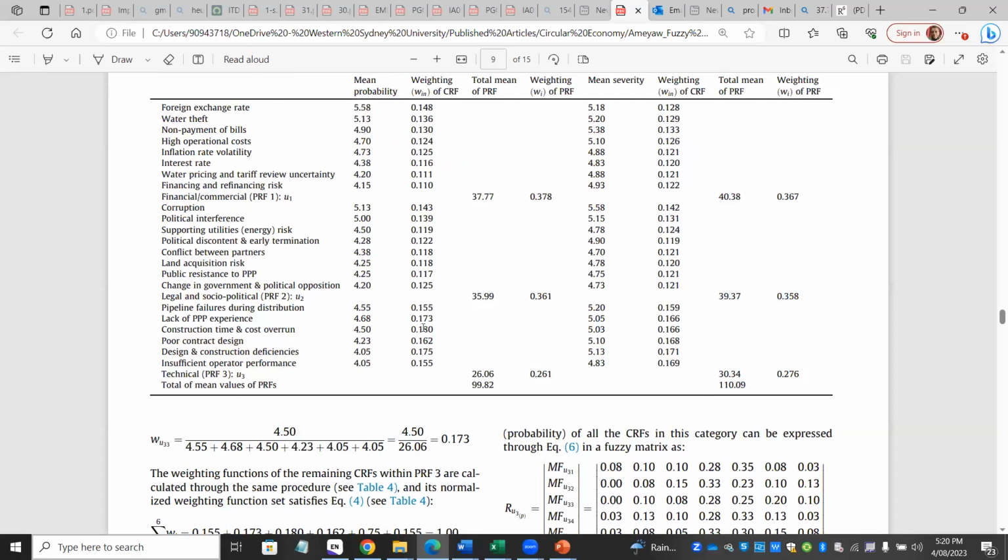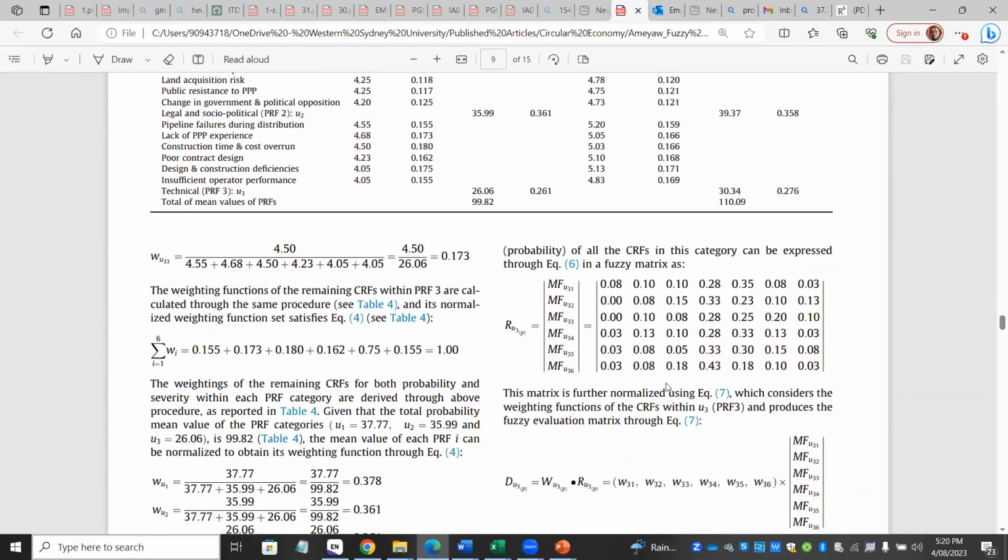They are here. So if you are doing this with the probability, the mean probability with group 3, this is how the weightings went. This is how we computed them. If we are dealing with severity, this is how the weighting went. So if you are going to compute this, we'll just multiply the weights by this matrix, and this matrix is the membership function.